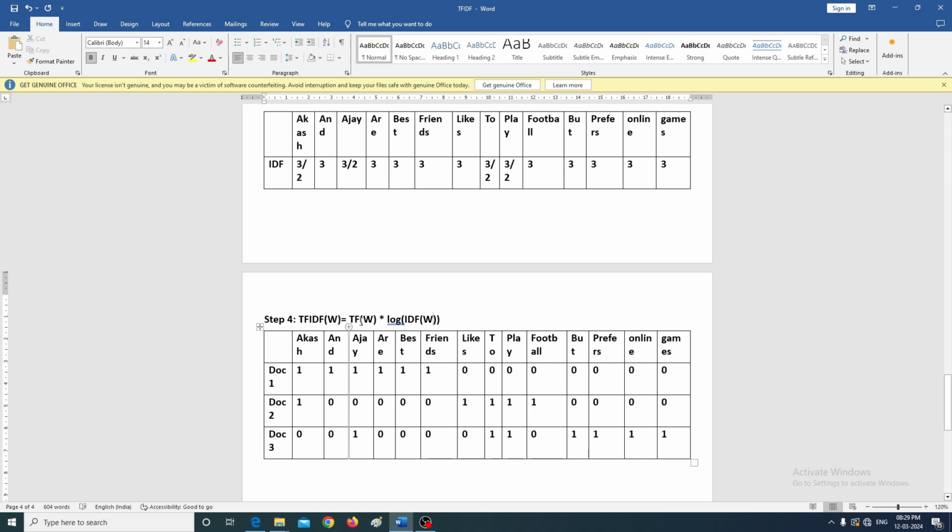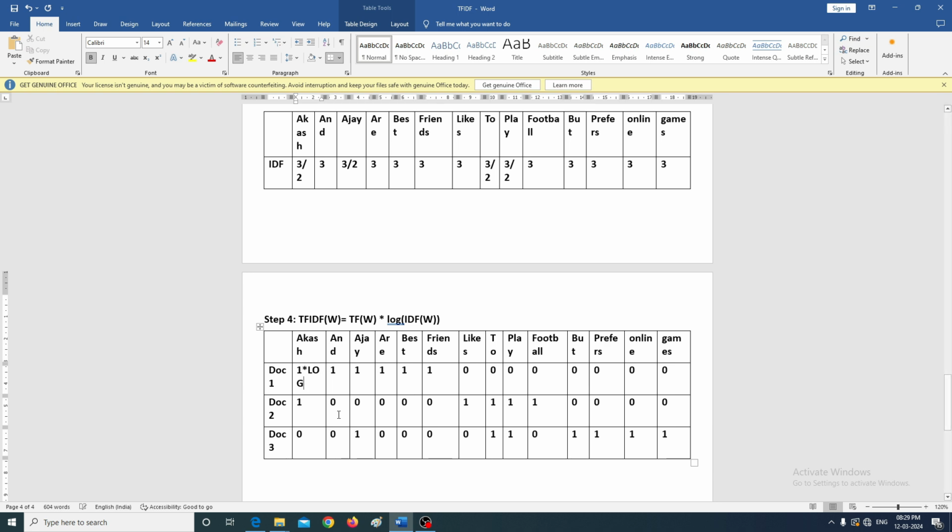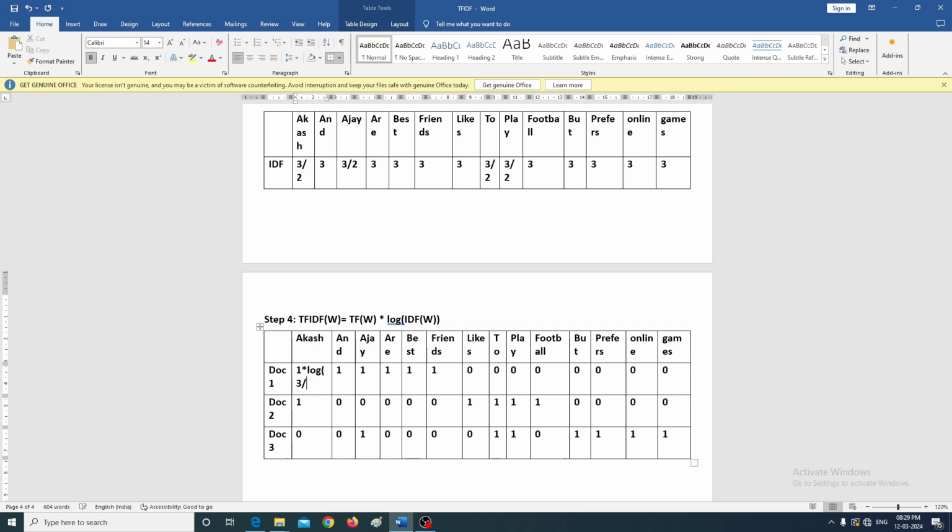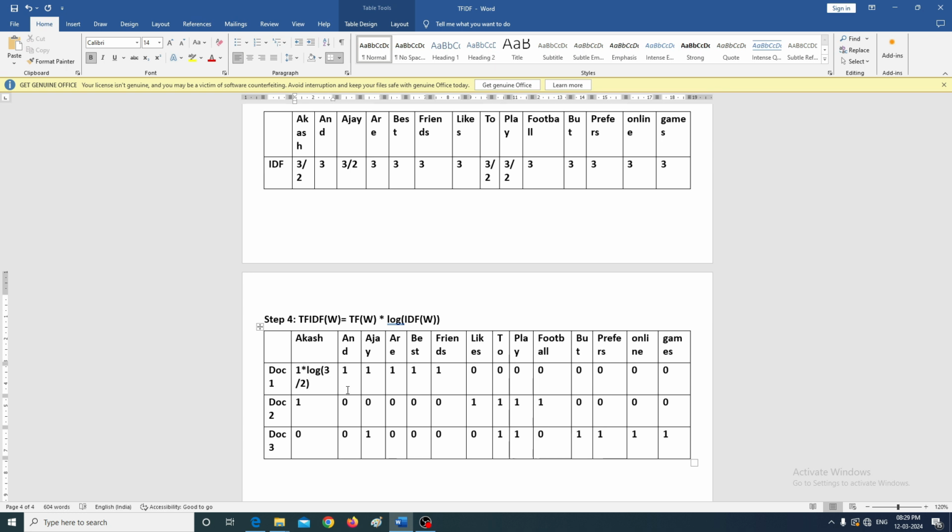The term frequency of the word Akash is 1, and I am multiplying this with the log of IDF of W. The IDF of Akash is 3/2, so I am putting 3/2 here. This is the term frequency times the inverse document frequency of Akash, the TF-IDF of Akash.